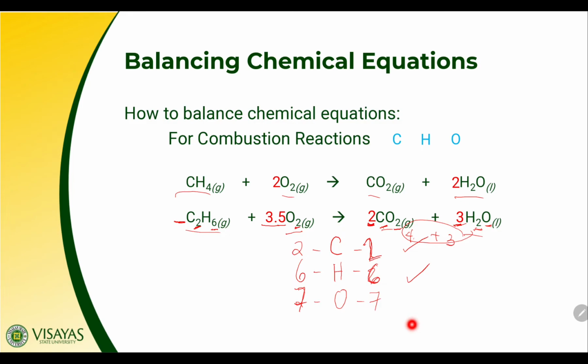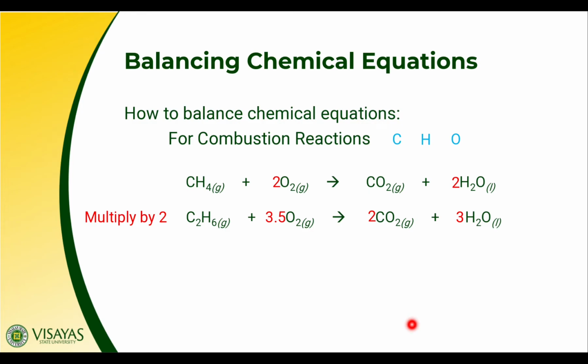But since we have a decimal here, we have to multiply this whole equation by a factor that could remove that decimal in the coefficient. So here we can multiply the equation by 2. So what happens now? We have 2 times 1 in the coefficient there. We now have a 2.